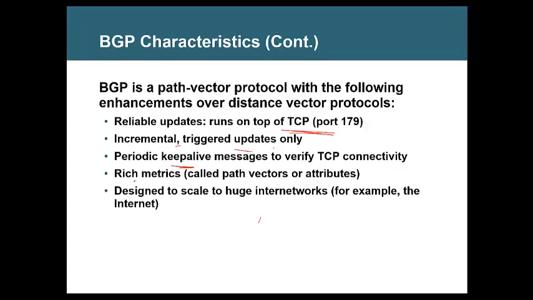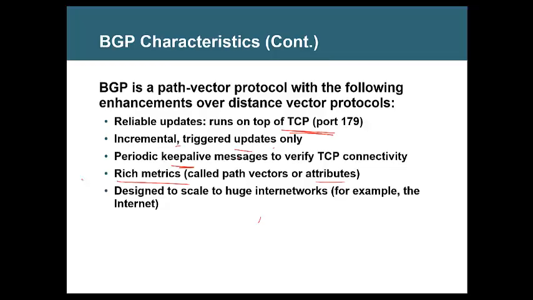And then BGP has got a rich metric called attributes. Using the attributes, you can tune the path. Because it has a lot of attributes, it can solve the problem of the internet.